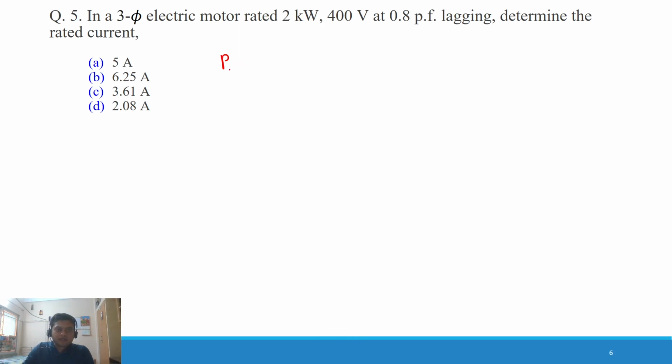So P rated is equal to root 3 times VR, IR, that are rated values, cos phi. So we have P rated as 2000 watt, equal to root 3 times VR, which is 400 volt, and IR we need to find, and the cos phi is given as 0.8.